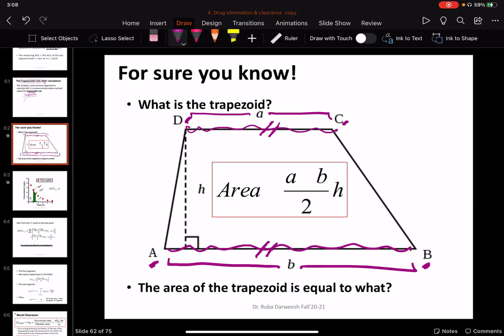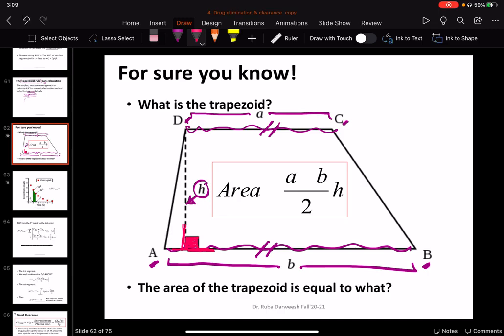And the H here is the height of that trapezoid, because it's making a 90 degree angle with one of the bases.